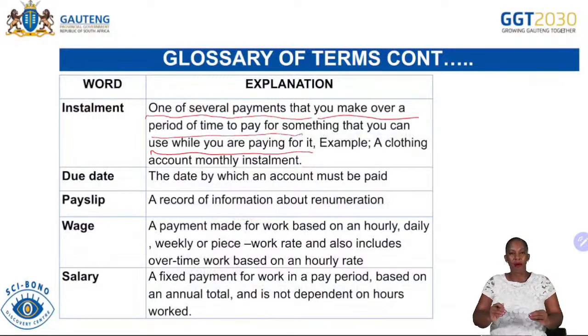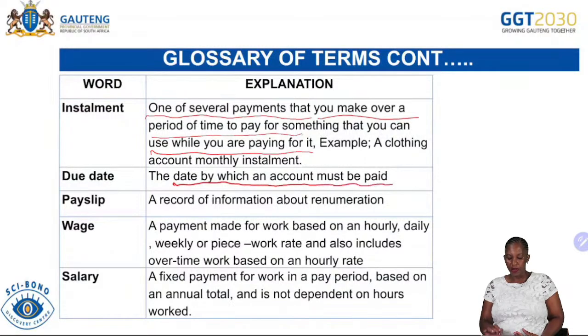This is the minimum amount that I'm supposed to pay my installment. Then it will indicate the due date is on the 2nd of the new month. So if it's the 2nd of February, I know my due date will be on the 2nd of February. I hope you understood. So we say the due date is the date by which an account must be paid.